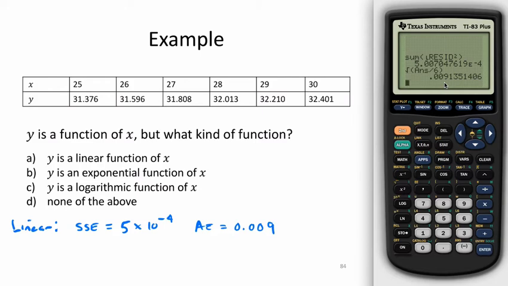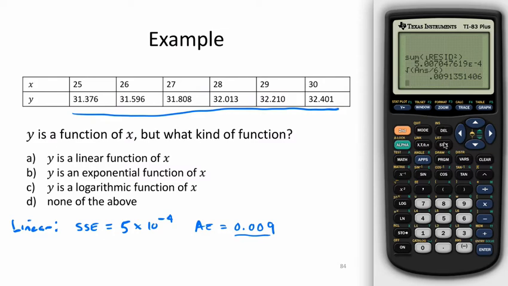It's non-zero to 3 decimal places, and I'm looking at 3 decimal place accuracy in my y values. These y values are presented to 3 decimal place accuracy. The average error of the linear fit is greater than that error. Okay? That's significant to 3 decimal places. So this is not linear.